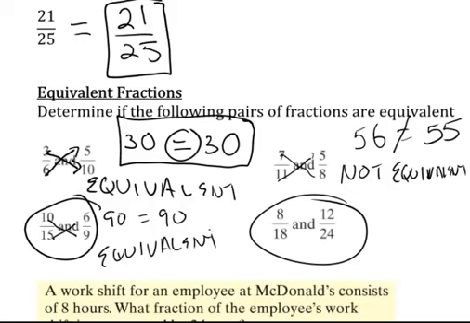And over here on this next one, if I take 8 times 24, I'm coming up with 192. If I take 18 times 12, I'm coming up with 216, which tells me that these are not equivalent.